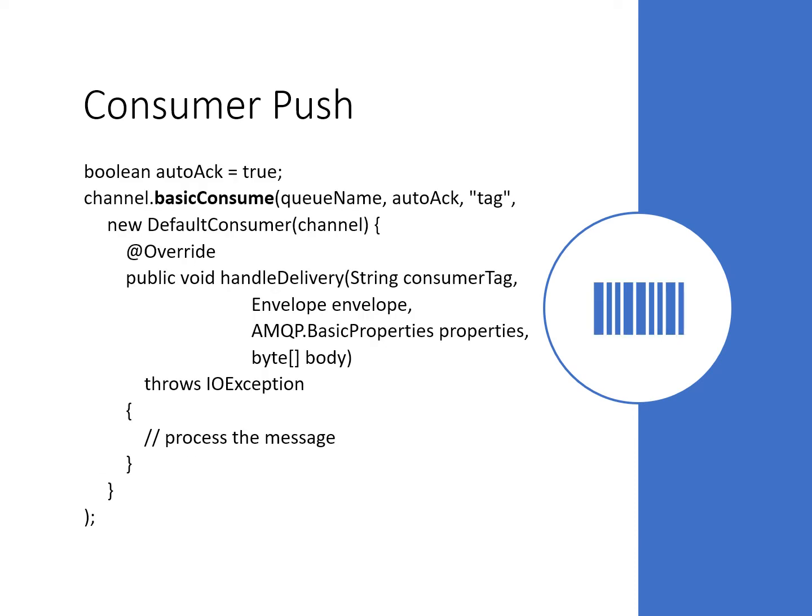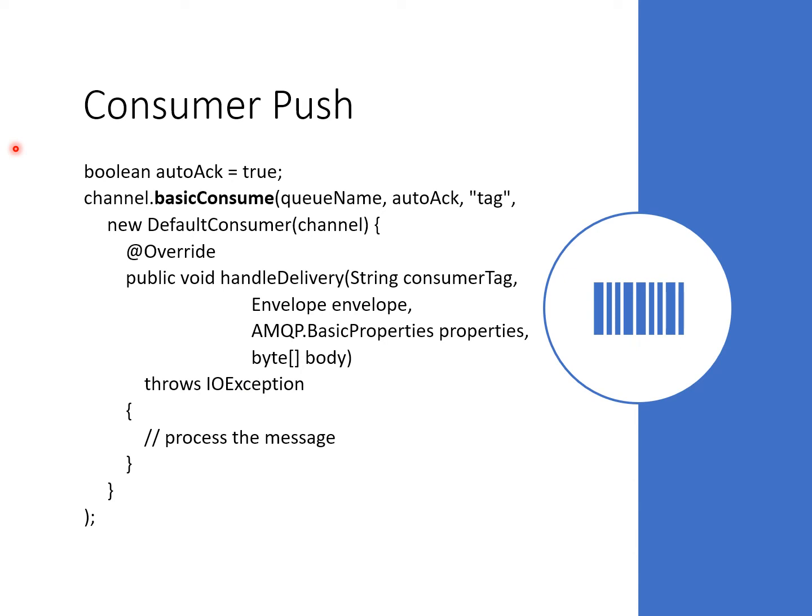The alternative and preferable method is the push model, as I explained in the previous video lesson. The consumer specifies a callback function that is invoked for each message the RabbitMQ broker sends or pushes to the consumer. Here you can see the callback function.